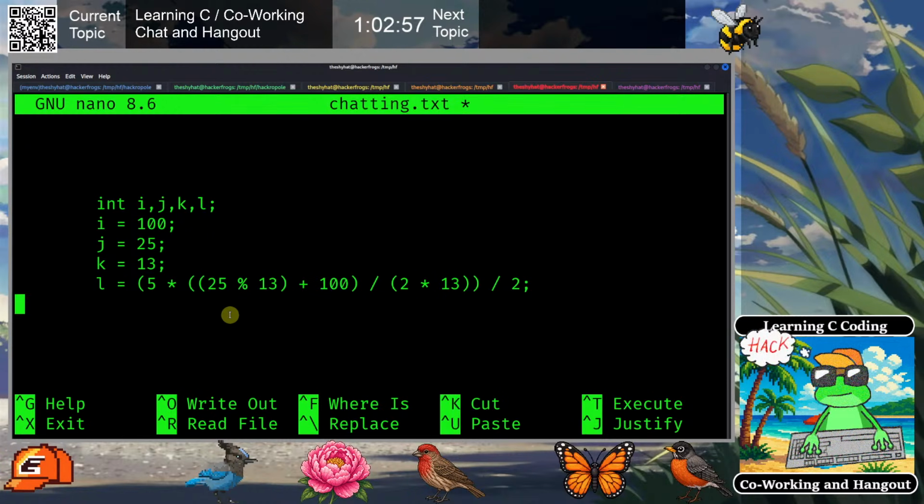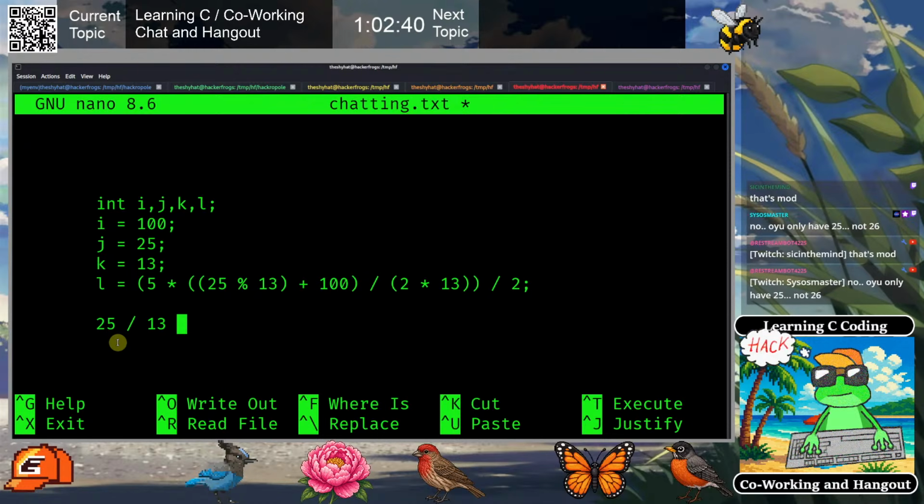Is that correct? 25 divided by 13, and then take the remainder. So we subtract 13, and then it's 12. No, you only have 25, not 26. We only have 25, not 26.